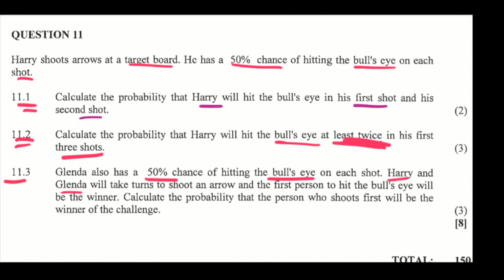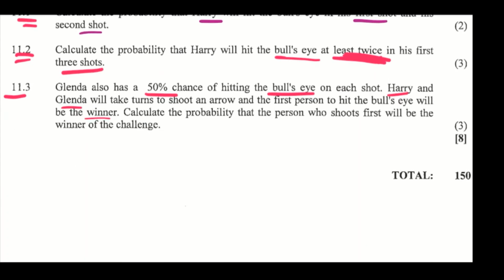Harry and Glenda will take turns to shoot an arrow, and the first person to hit the bullseye will be the winner. Calculate the probability that the person who shoots first will be the winner.